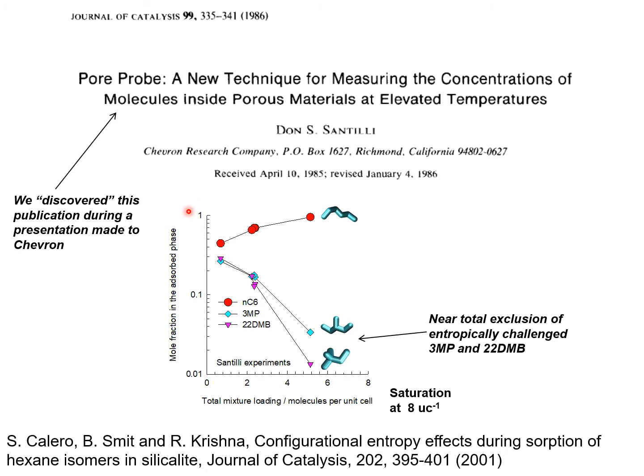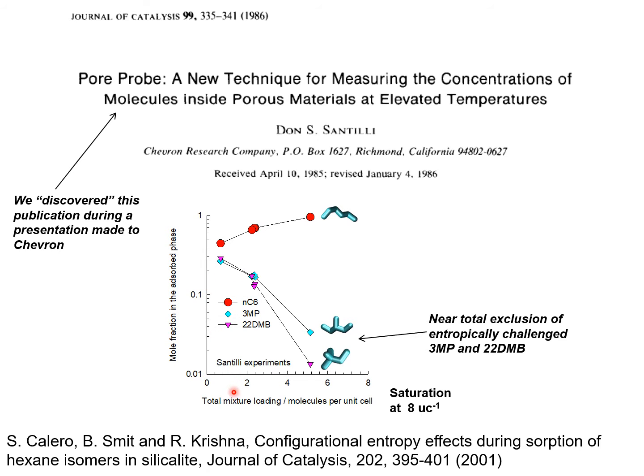And I plot this data in the following manner. The y-axis is the mole fraction of each of the components in the adsorbed phase as a function of the total mixture loading ranging from 0 to 8. Remember that the saturation capacity in MFI zeolite is 8 molecules per unit cell.